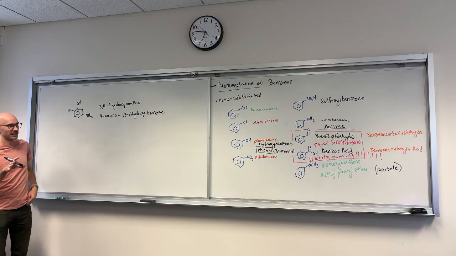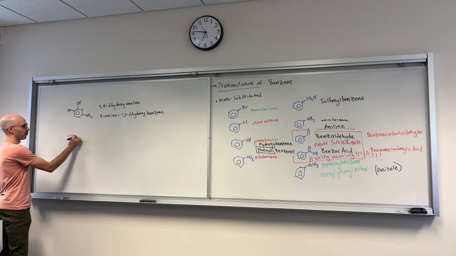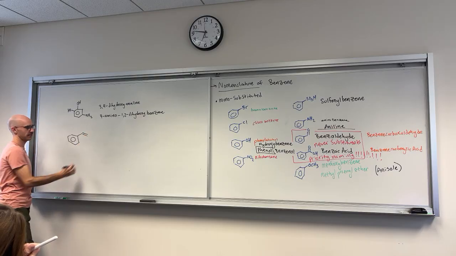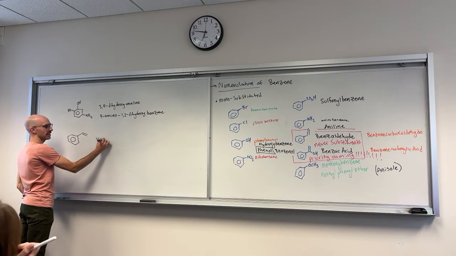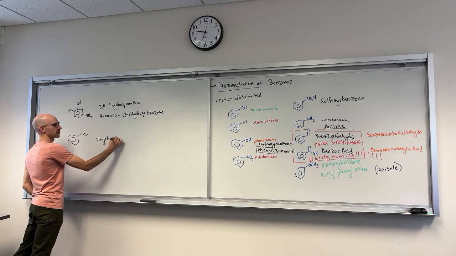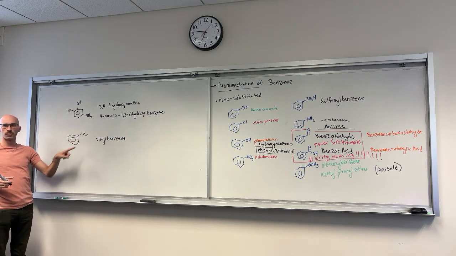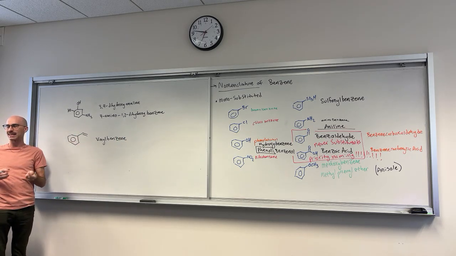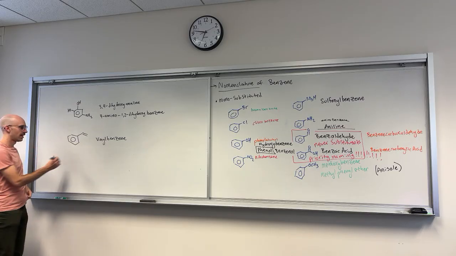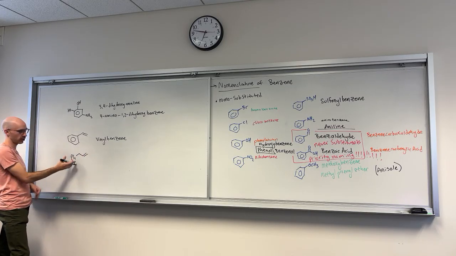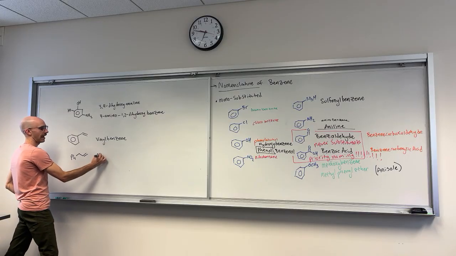A couple of other ones I actually wanted to point out. I did forget them. This guy right here is called vinyl benzene. It's a good reminder because this is a vinyl group. A 2-carbon alkene is called vinyl, as opposed to a 3-carbon group, which is called allyl benzene.